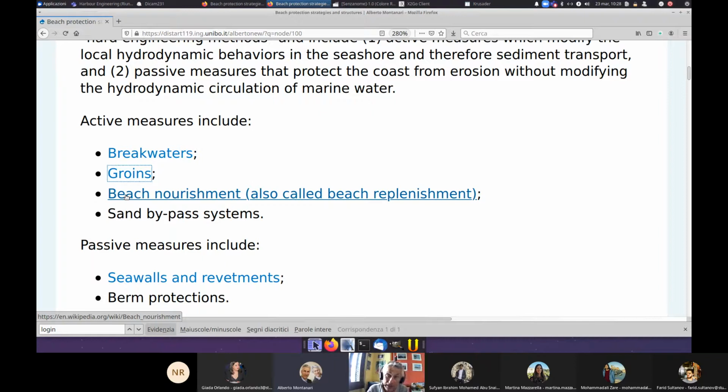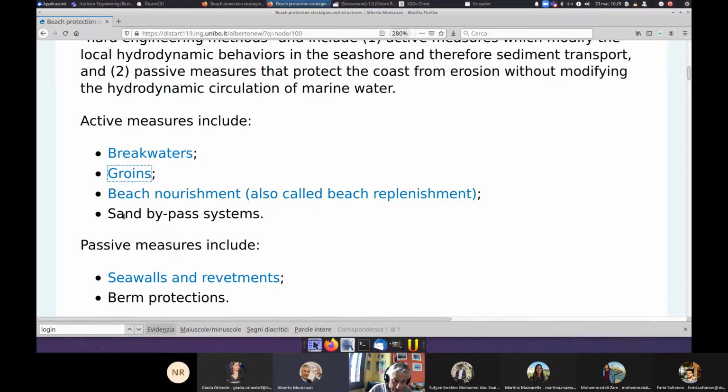Also, keep in mind that beach replenishment is more effective if you increase the size of the sand grains. But if you increase the size, of course, it doesn't look like the original beach. So it looks environmentally friendly, but actually it is an intervention that needs to be frequently associated with other types of intervention to make it long-lasting.